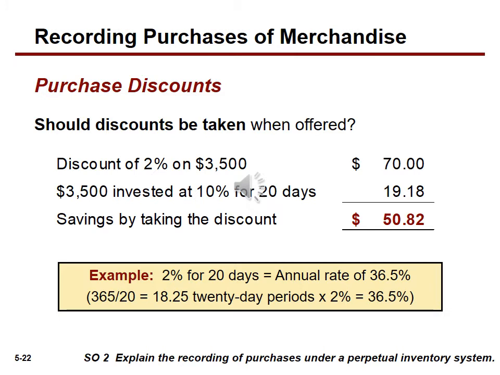And the decision here is going to be based on whether you could make a better investment of that discount amount if you delay your payment and not take the discount and only pay at the due date. So in our example here, we had a 2% discount on the 3,500, which represented $70.